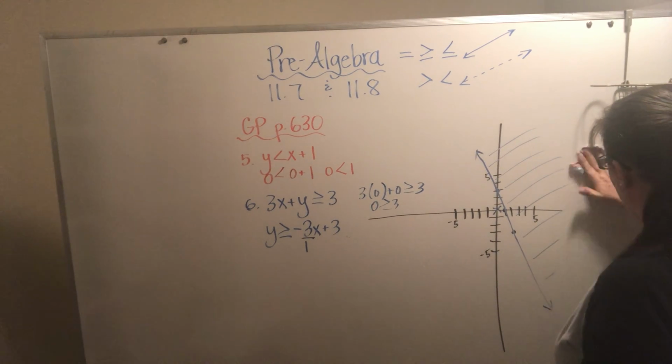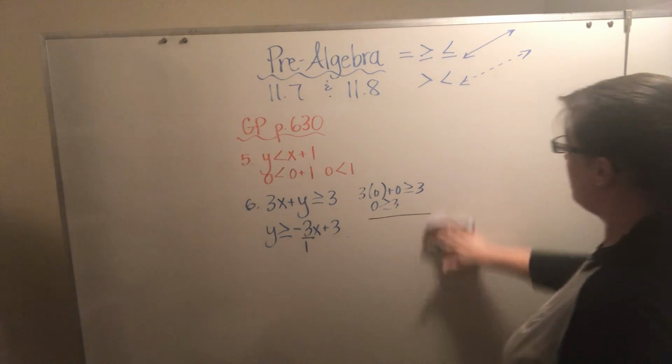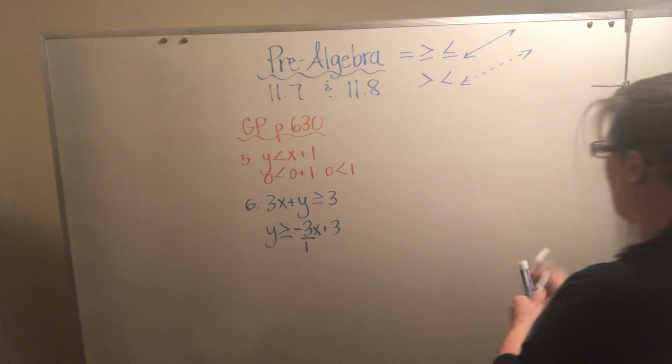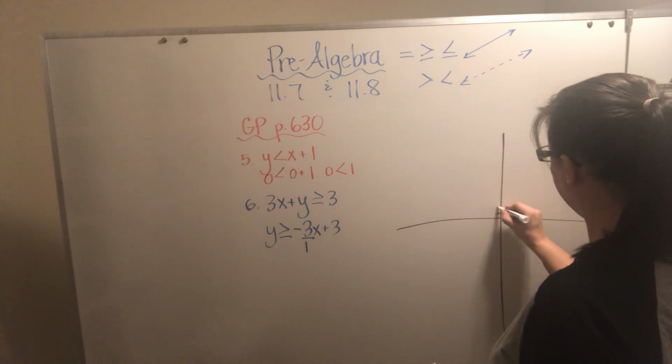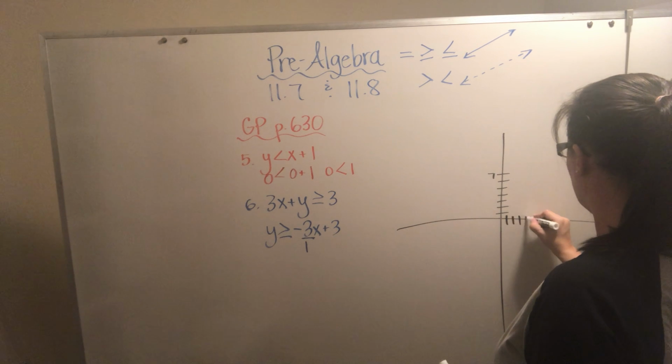All right, I hope you're getting the hang of this. I'm going to do one more for you here. We'll do number 8 on this guided practice. And then I will give you a chance to practice today. So, I'm going to go with 7 here.